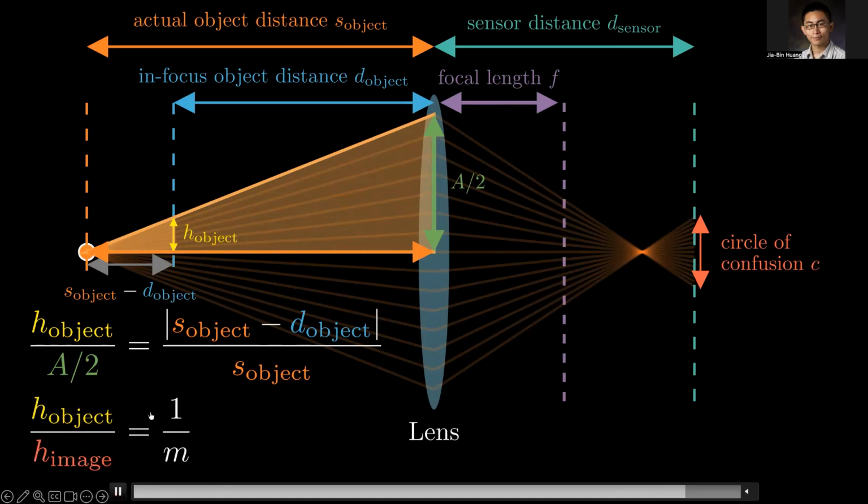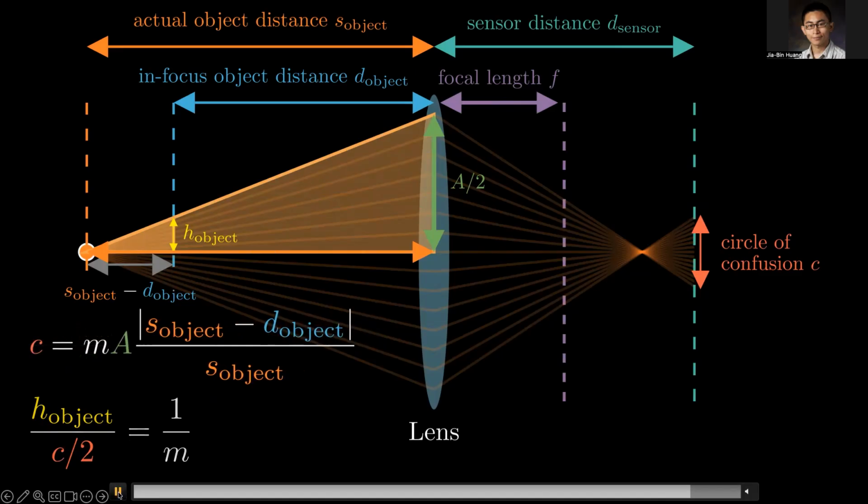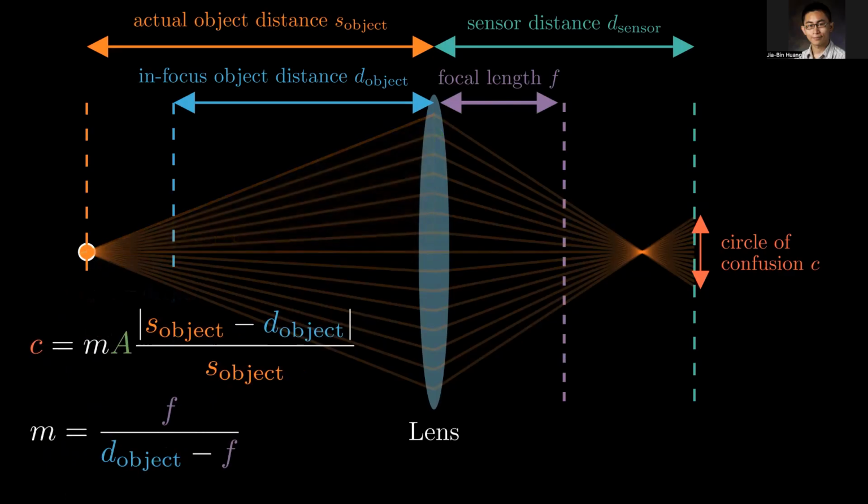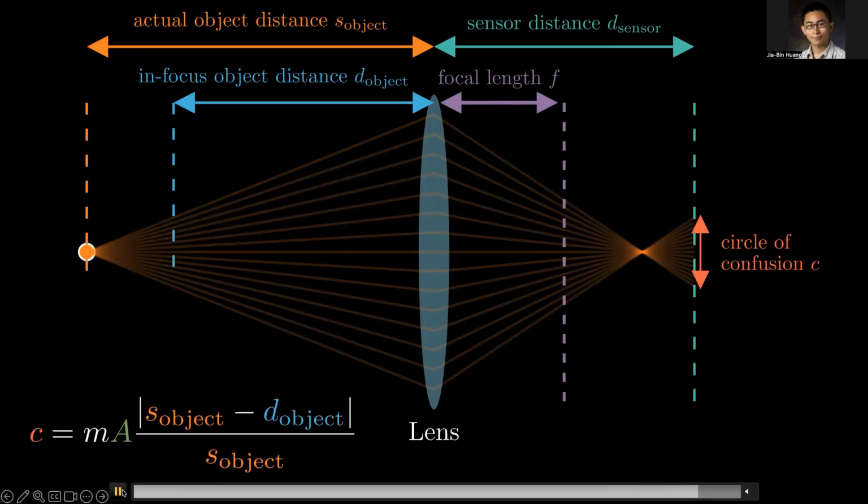At the same time, you know that the object height and the image height relate through the half of the circle of confusion, so you can write this down like this. You can describe this as follows: C is the magnification times the aperture times the difference between these distances. Okay, so what's the point of this?